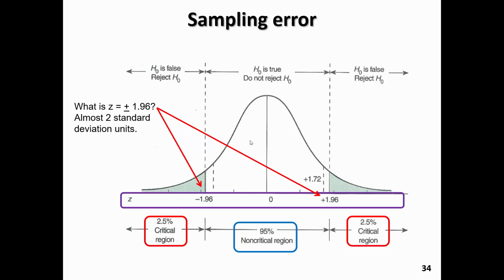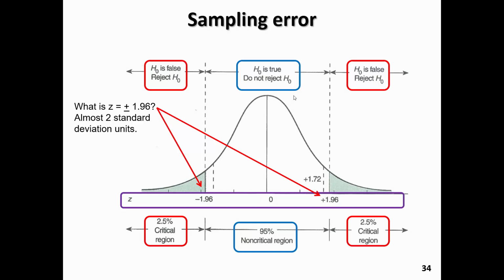To capture the 95% area underneath the normal distribution, it is bound by almost 2 standard deviations, so positive 1.96 and negative 1.96. If our z-score falls within the non-critical region, then we do not reject the null hypothesis. We accept the null hypothesis that it is true with a confidence level of 95%.